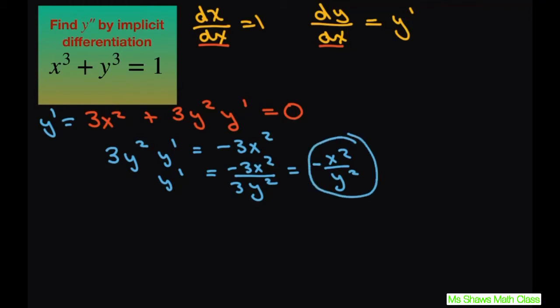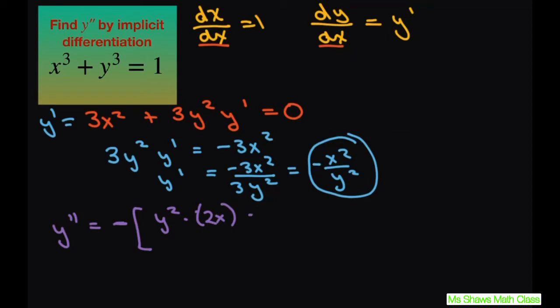Now we're going to use the quotient rule for our second derivative. Let's pull this negative out for now. So the second derivative is going to be: write down your y squared, then take the derivative of the numerator, so that's going to be 2x.